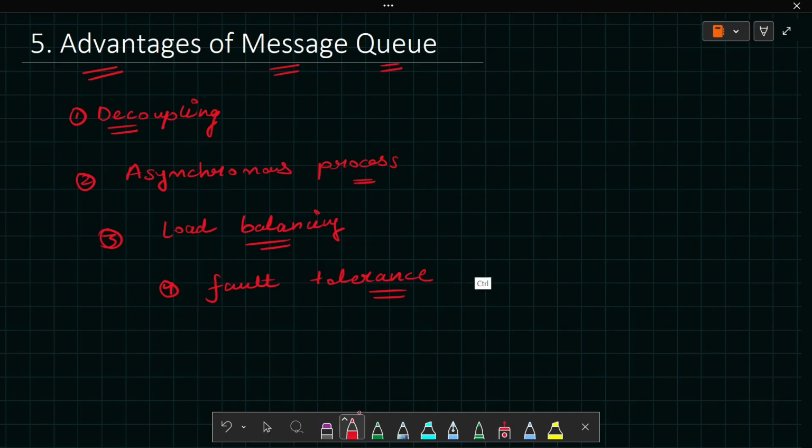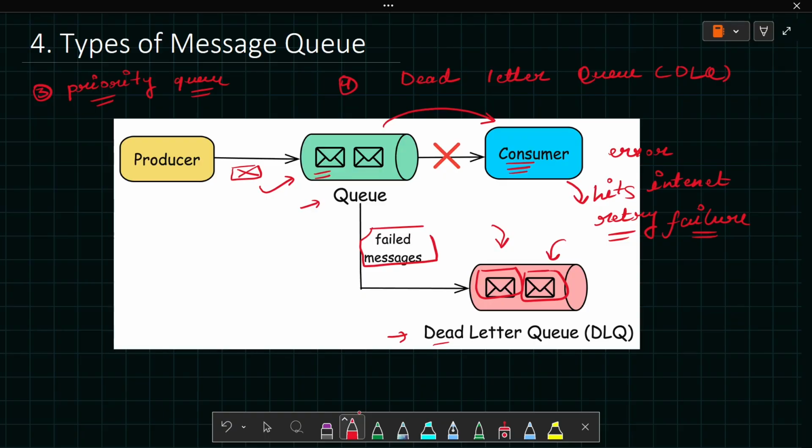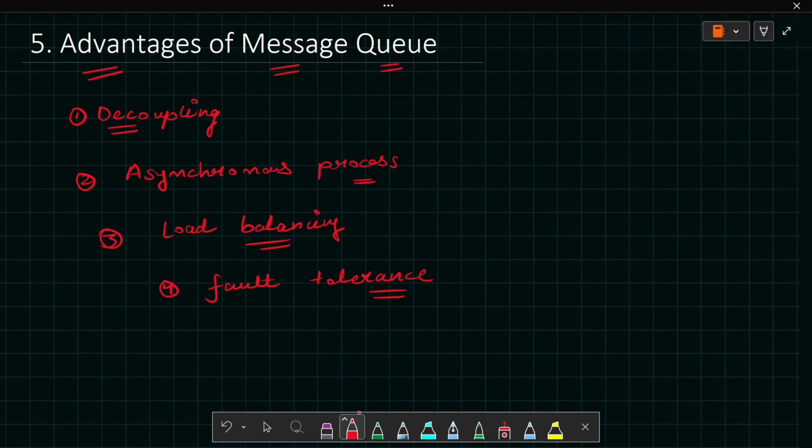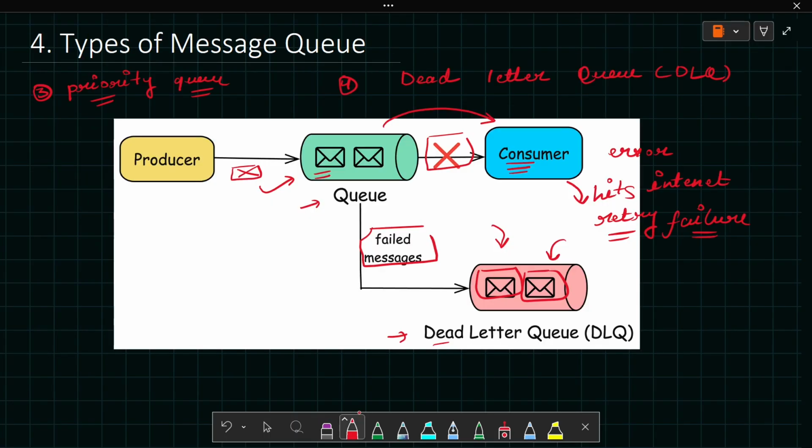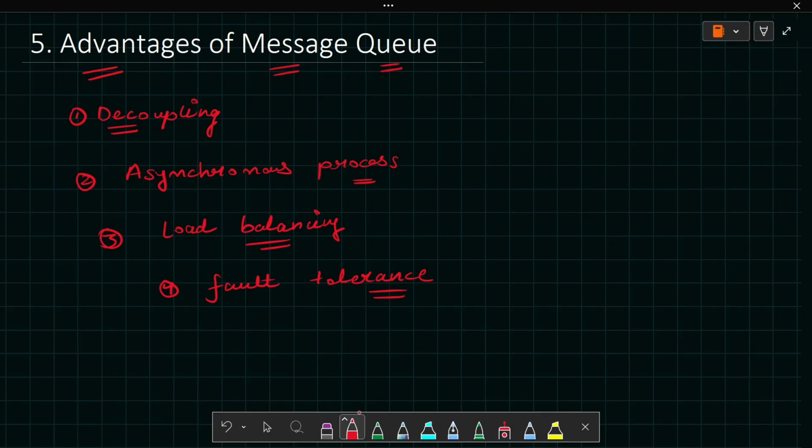As we have seen in the previous slide, even if the consumer fails to get the message, we cannot say we have completely failed. We still have a chance, with the help of a dead letter queue, to hold the message in the form of a queue, and when we troubleshoot or retry, we can easily get the message or try again.